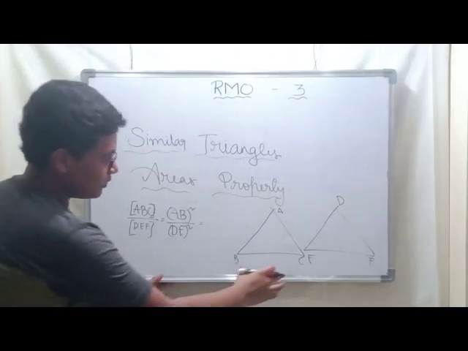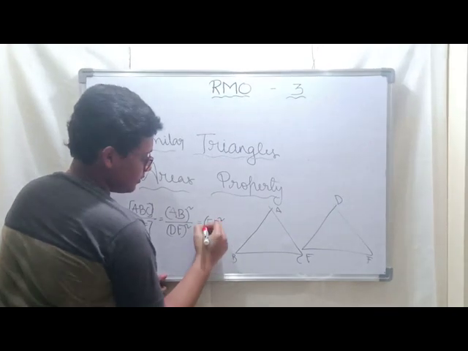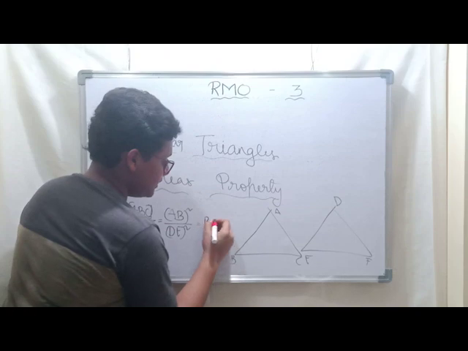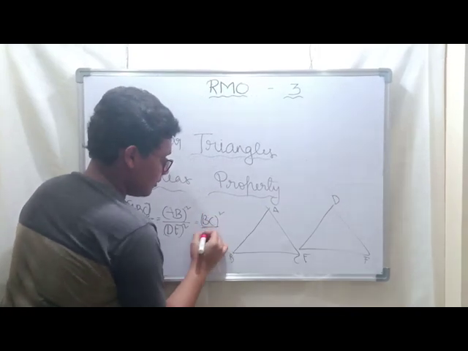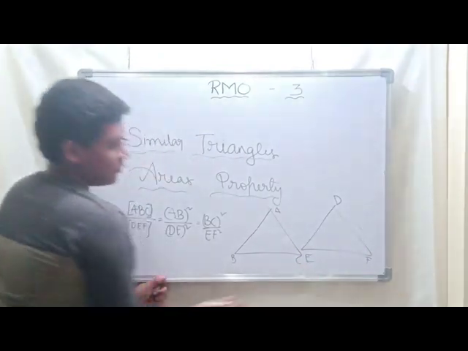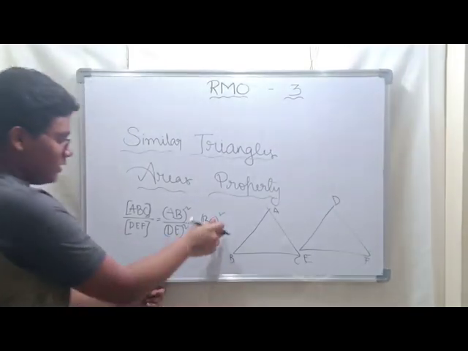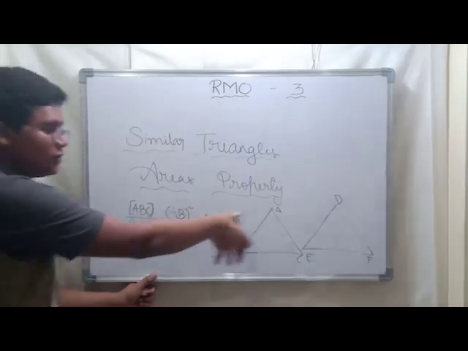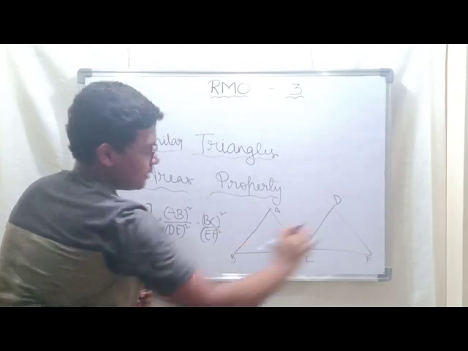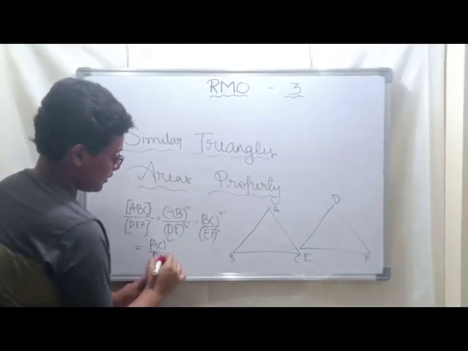It is also equal to BC square by EF square, and AC square by DF square.